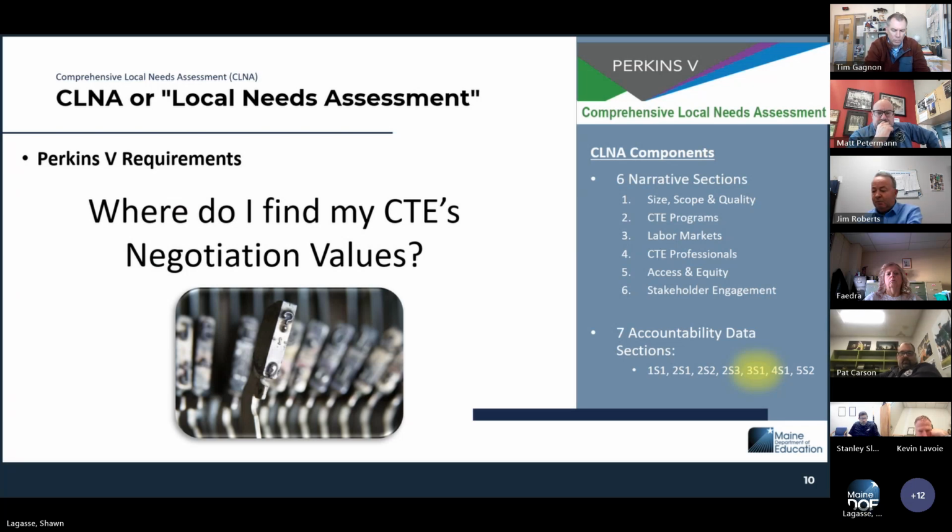So this leads to another question that has come up quite often: now that I know I got the data showing what you sent us about what my values are, where do my negotiated values fall? So those were done back in the early part of 2024 as part of a needs assessment. Back then, I believe it was Dwight and myself, and I'm not sure if it was Melissa or Dawn at the time, but we did a 4-year set versus just a 2-year set.